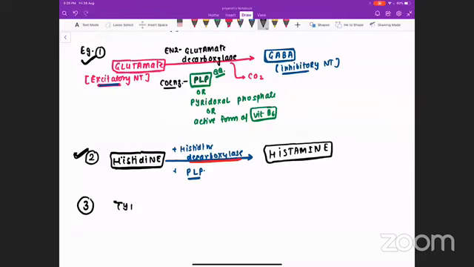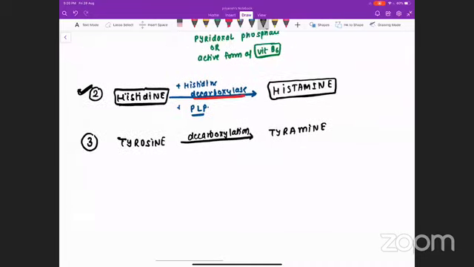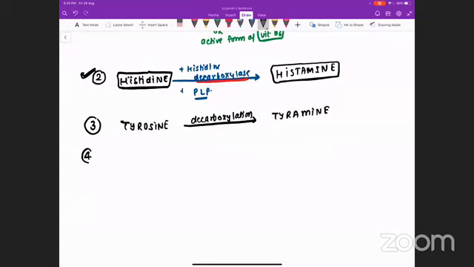If you take tyrosine and do the decarboxylation reaction, it will convert into tyramine. Tryptophan: decarboxylation will lead to the formation of tryptamine.